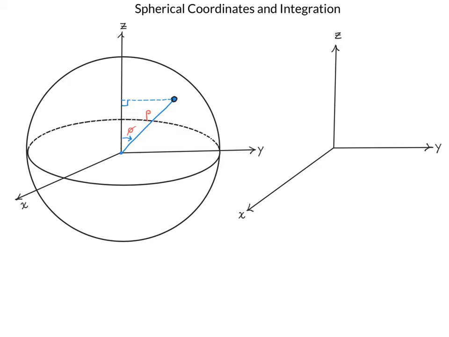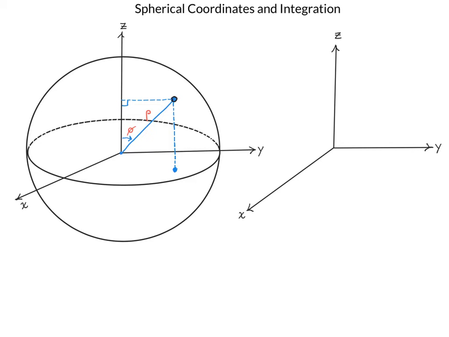Now let's draw a line from the point straight down to the xy plane where this point would make a shadow, sort of right here. And I'm going to dash this like this. Okay.